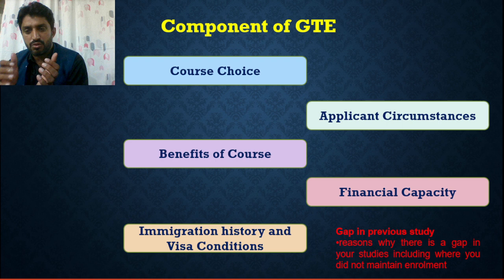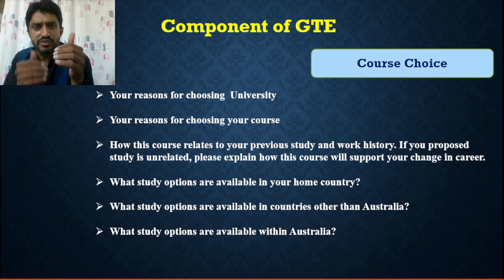Let's discuss each component one by one. To begin with the course choice, to address this component, you have to answer these 6 questions in one paragraph. Your reason for choosing university, your reason for choosing your course, how this course relates to your previous study and the work history.